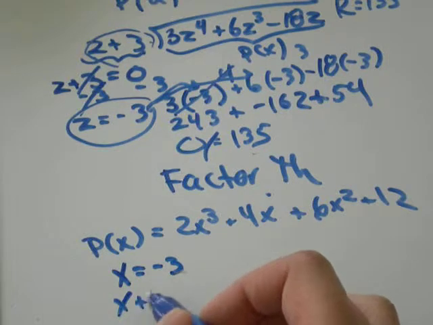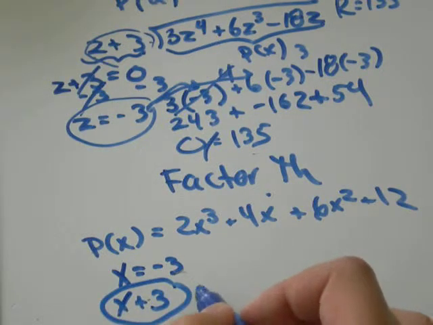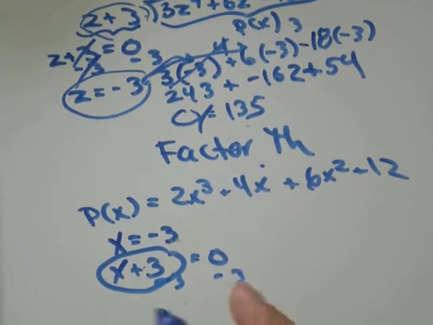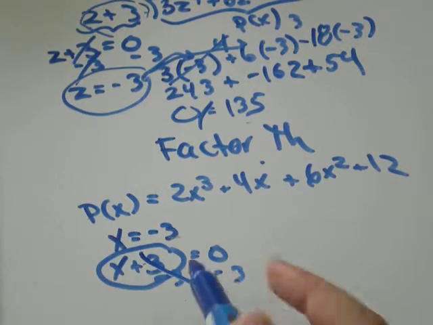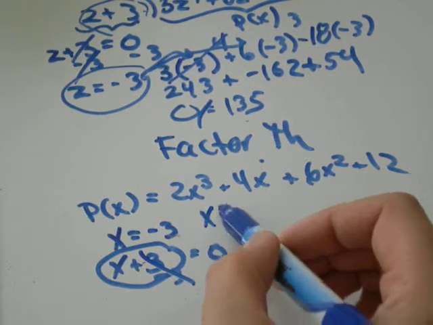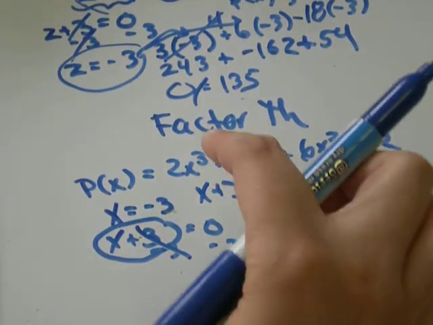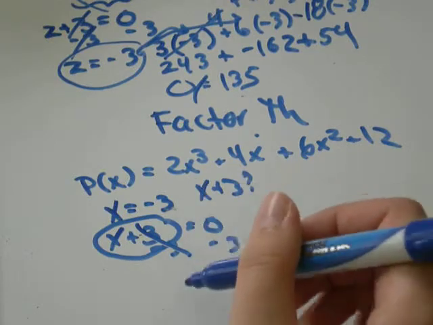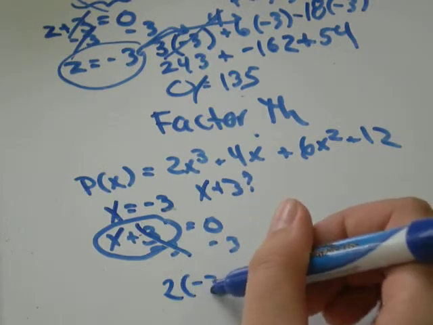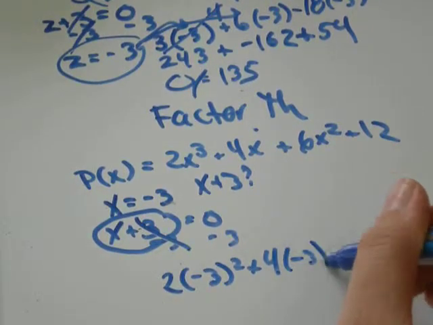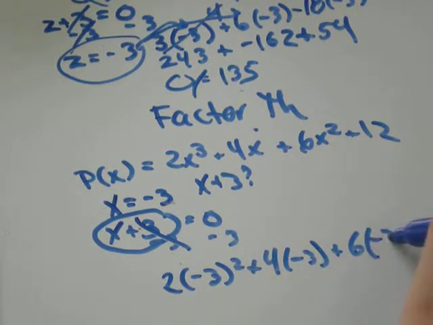That would be the same as x being equal to negative 3, because remember when we set it equal to 0 and subtract 3 from both sides, we get x equals negative 3. Everywhere I see x, change it to negative 3. So I have 2 times negative 3 squared plus 4 times negative 3 plus 6 times negative 3 squared plus 12.